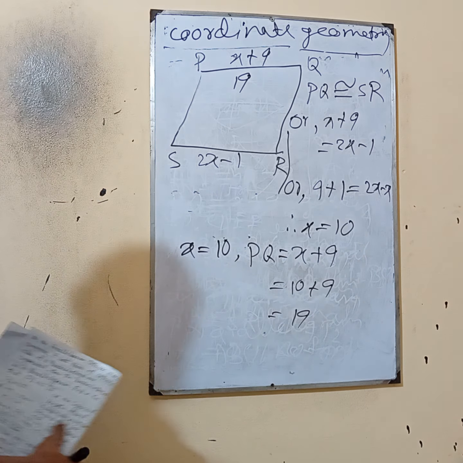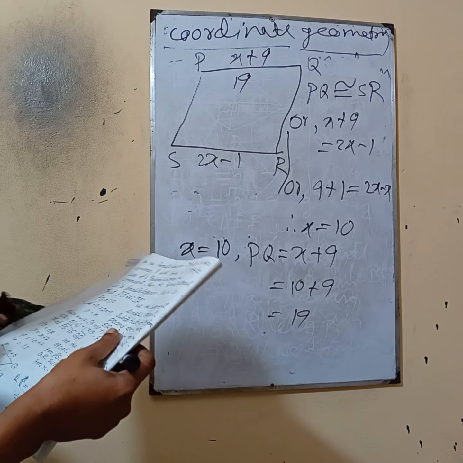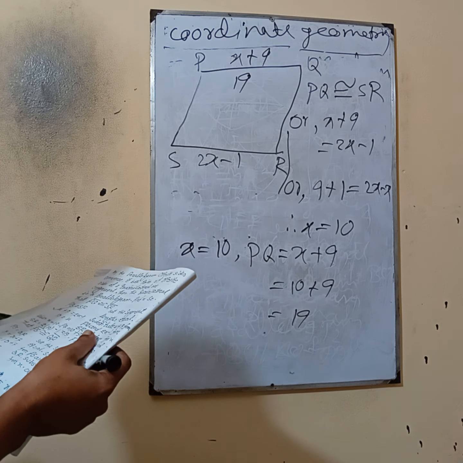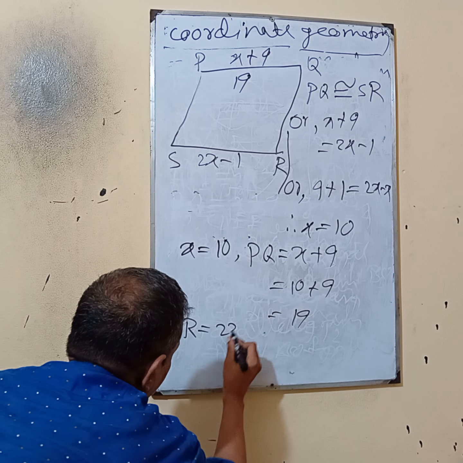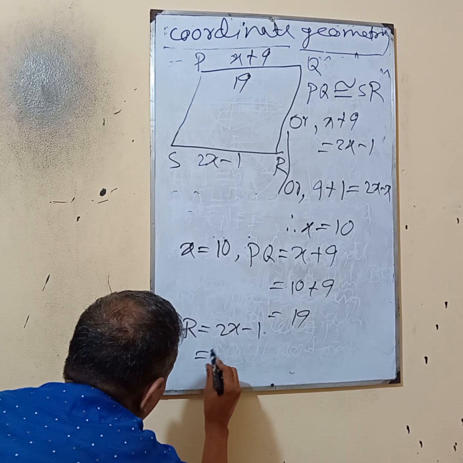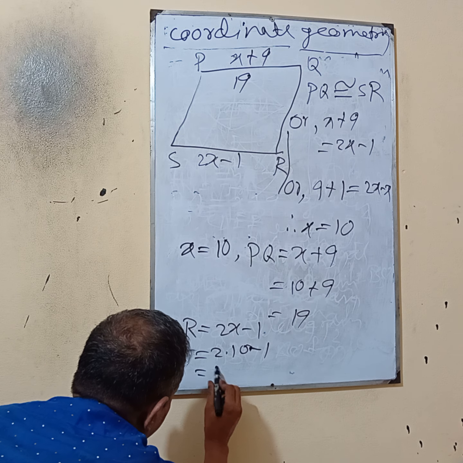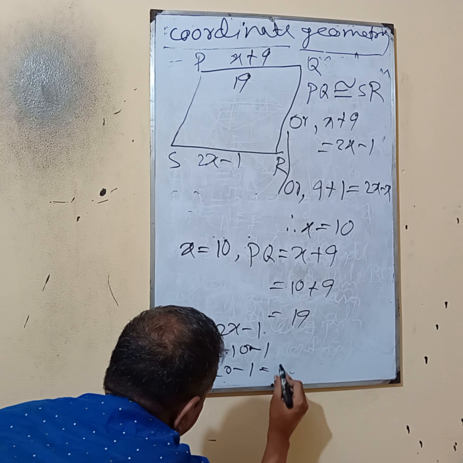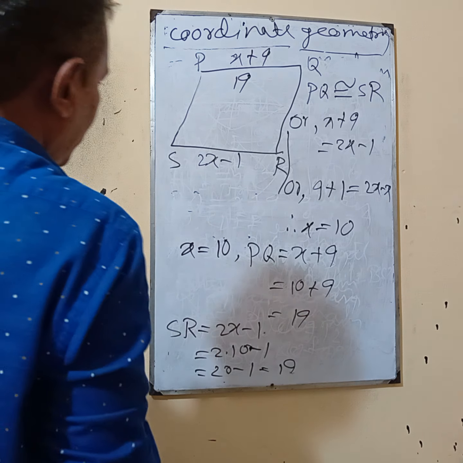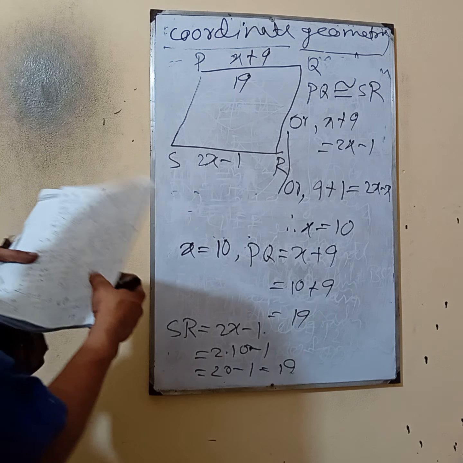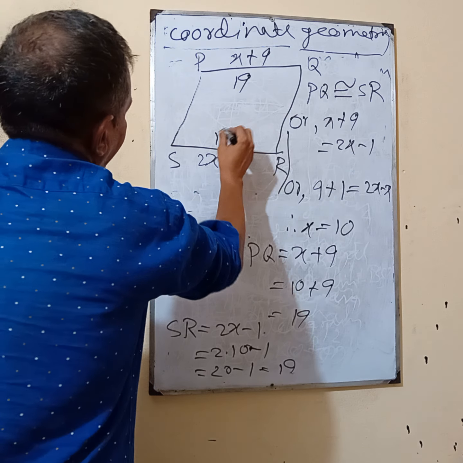Now I have to calculate SR. SR is equal to twice x minus 1. Twice 10 minus 1 is equal to 20 minus 1, which is 19. So PQ is equal to 19, SR is equal to 19.